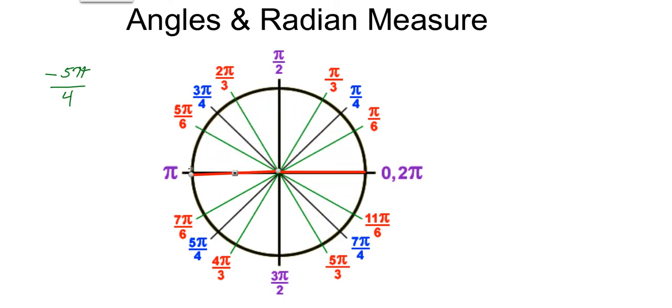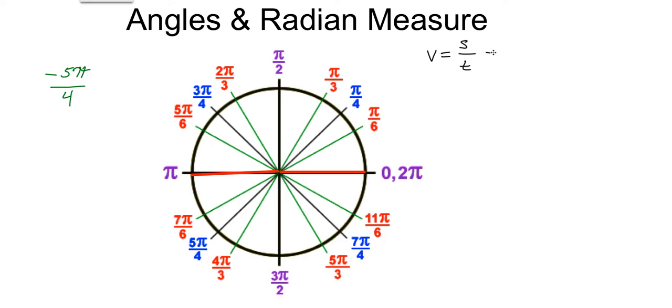The first would be linear speed, and the second would be angular speed. For linear speed, we're going to call it v, and we're going to say that v is equal to s divided by t, where s is the distance it traveled. So s is going to equal the arc length.